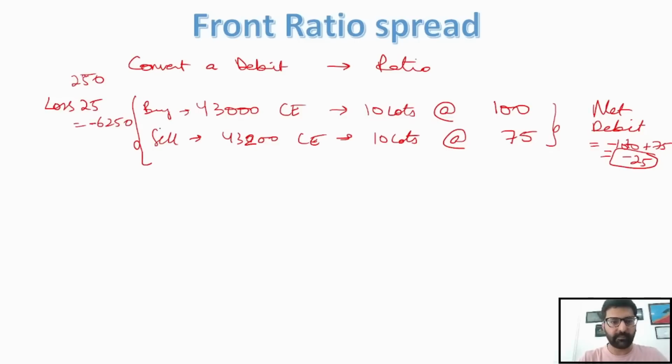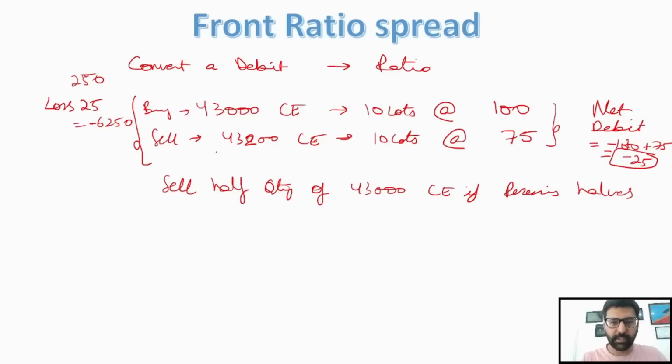If the view is not going in our favor, then obviously the buy leg will go down. So this price will start to go down from 100, it will come down to 90, 80, 70, 60 like that. So what we say is that we'll sell half quantity of 43,000 call if the premium halves, right?